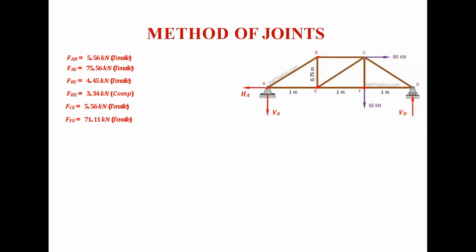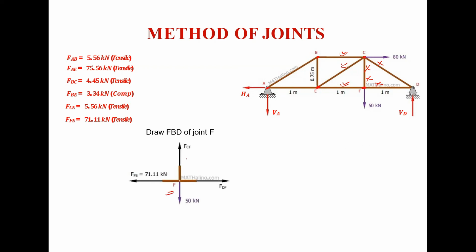Okay, that means if you draw FBD of C, then in this case we will have only two unknowns. That means this one is not known, and force along CD is not known. So we can draw FBD of C, and if we consider FBD of F, then again ये तो अपने को पता है, only these two forces are unknown. So at this stage you can either draw FBD of C or F, both will be fine, there will be no problem. So suppose I am drawing now FBD of F.